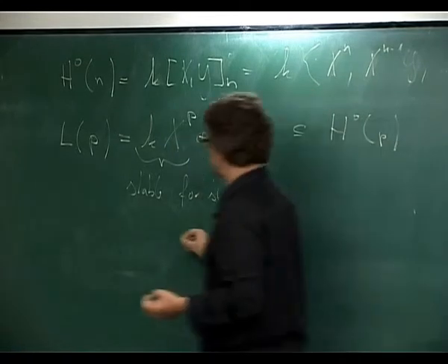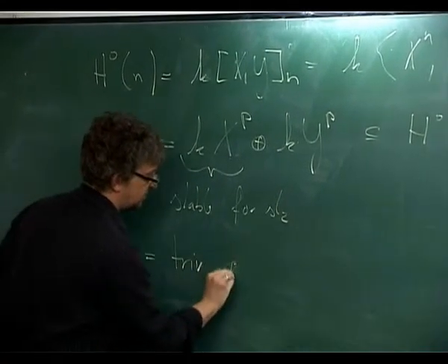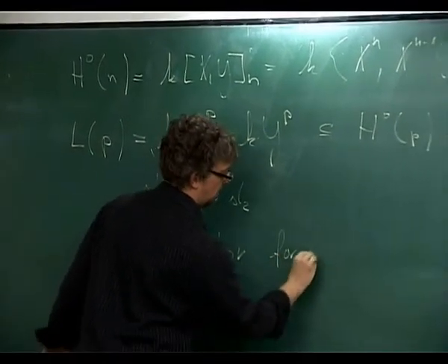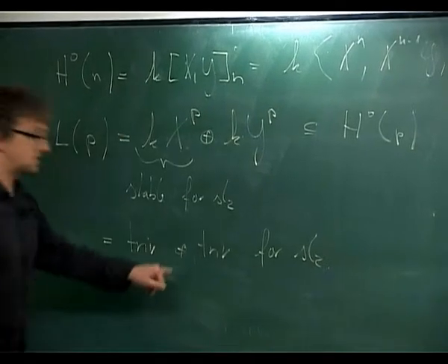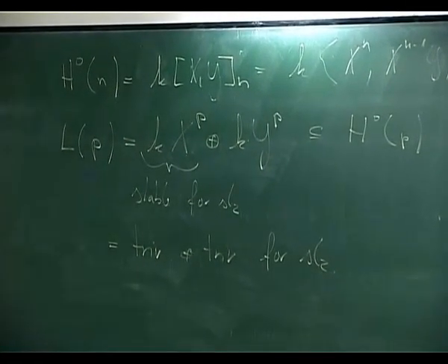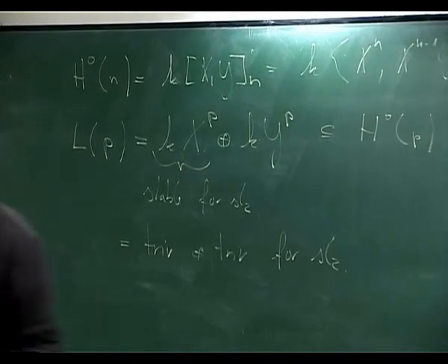So this LP is just the trivial module plus the trivial module, a direct sum of two trivial modules for SL2. Can you still read that? There's more chalk here.